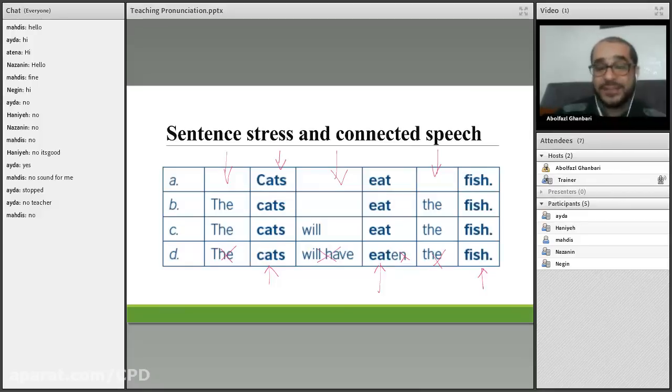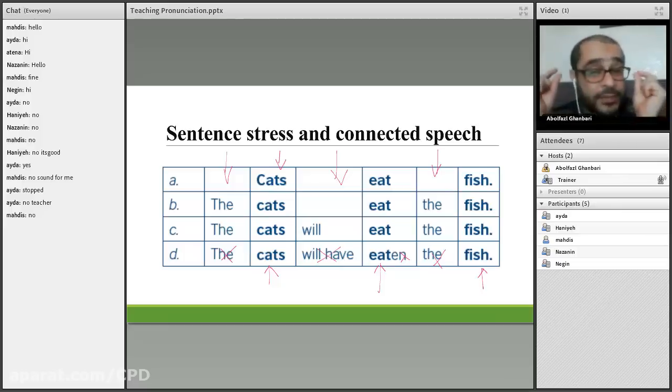We say the cat. The function word should be shorter and weaker. The cat should be with more emphasis. The cat will have eaten the fish. We do not say will have, will have. Will have eaten the fish, yeah?